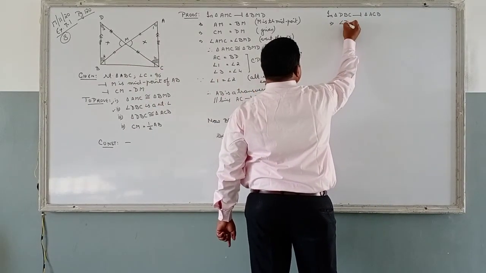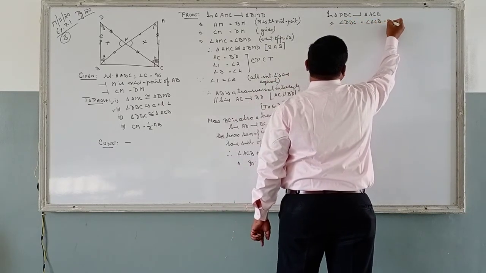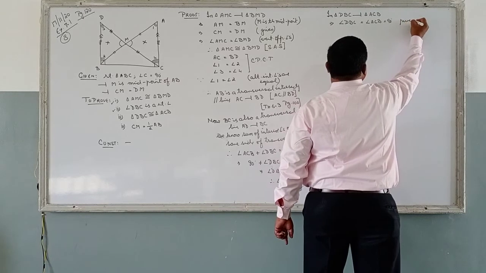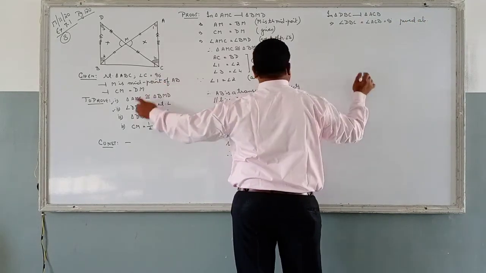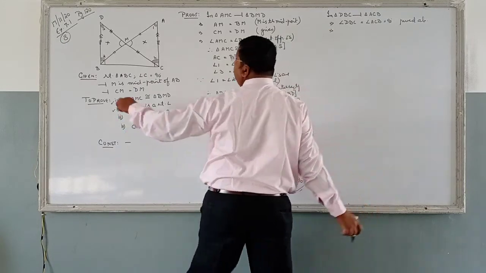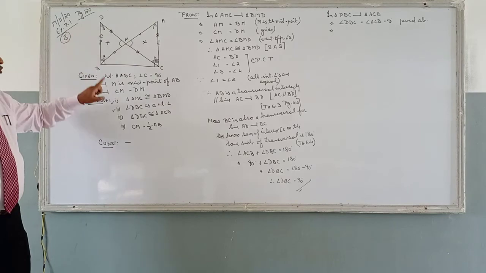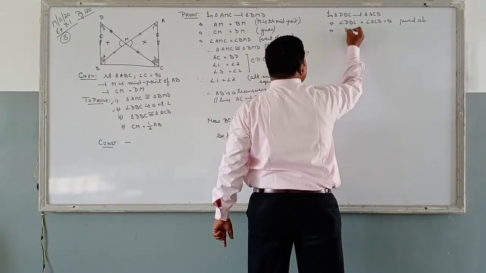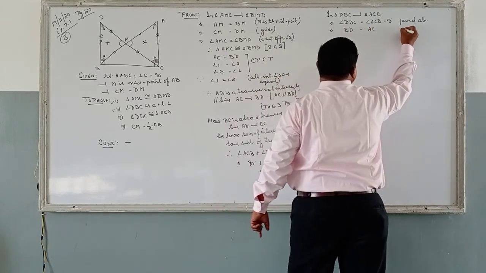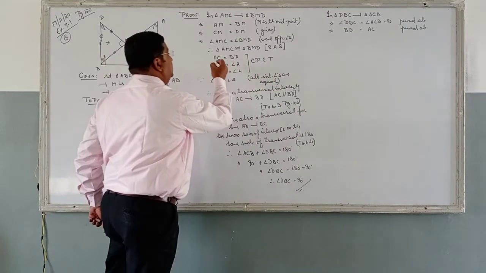Angle DBC is equal to angle ACB is equal to 90. Proved above. Another thing that is equal. Can you see? This side AC is equal to DB. We have proved AC equals to BD. Proved above.